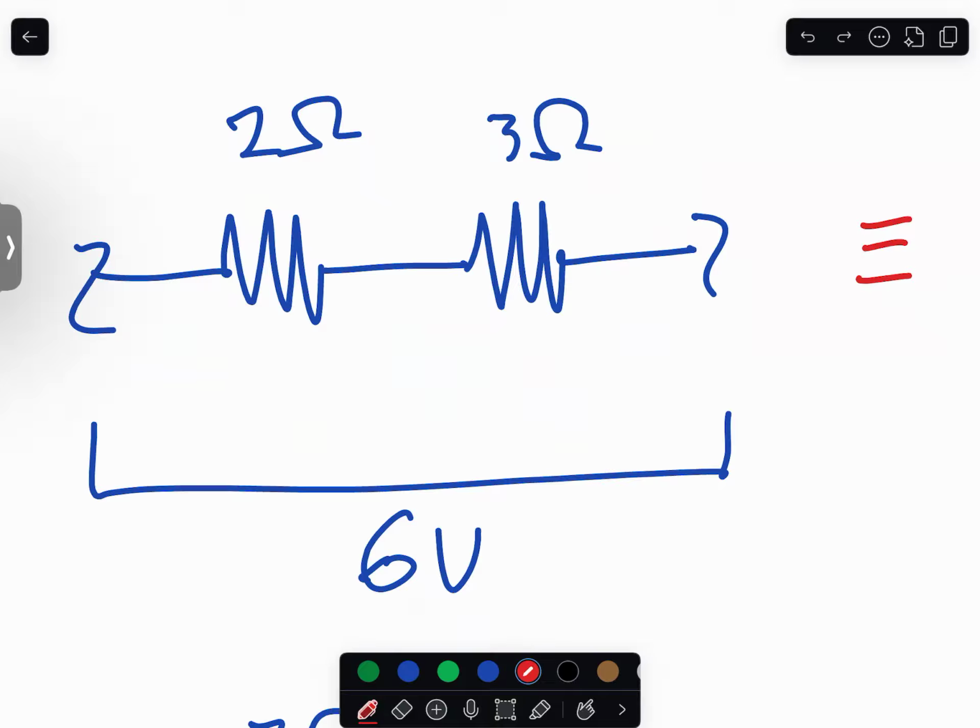Turn to your neighbor and argue. 1.2, 6/5.